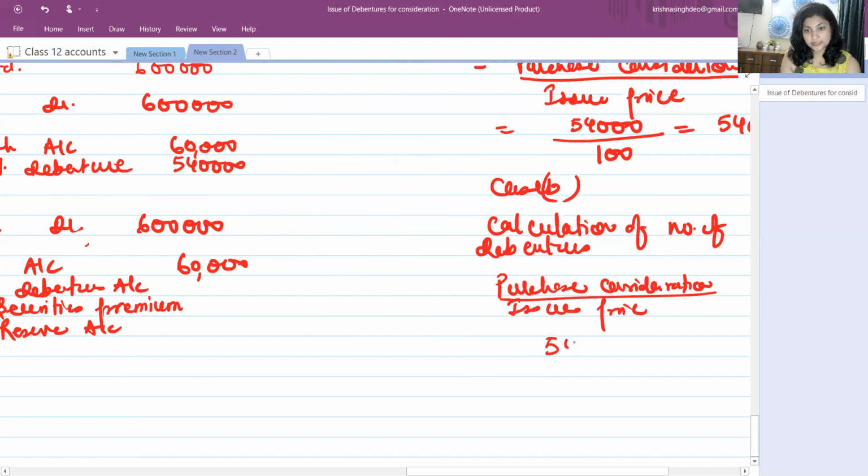Our purchase consideration was 5,40,000 and the issue price was 120. How did this 120 come? 100 plus 20%. So the number of debentures is 4,500 debentures.